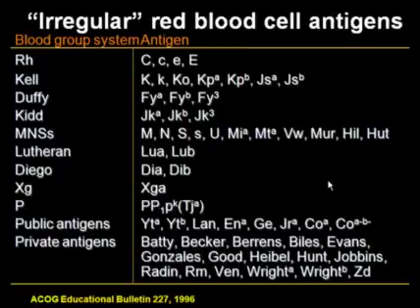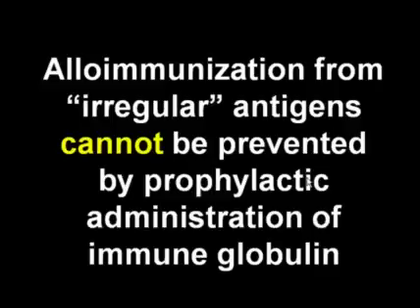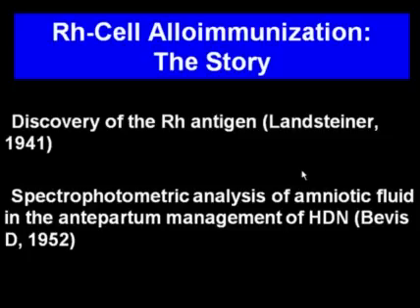However, the Rh is not the only cause of red cell alloimmunization because there are many other antigens, the so-called irregular antigens, which may cause fetal anemia. Think about KEL, KID, and others. Alloimmunization from irregular antigens cannot be prevented by prophylactic administration of immunoglobulin because they have not been developed.